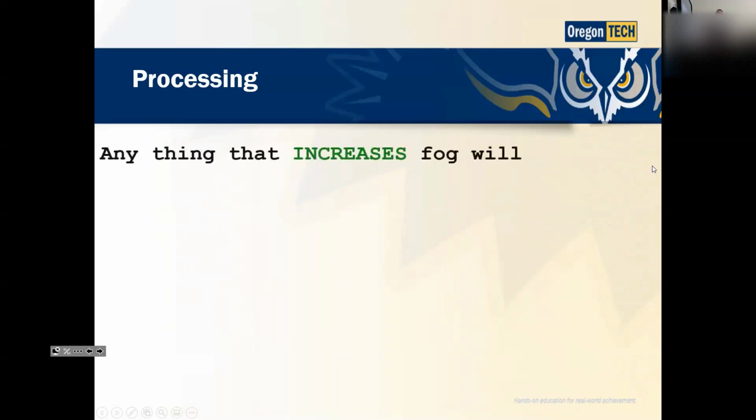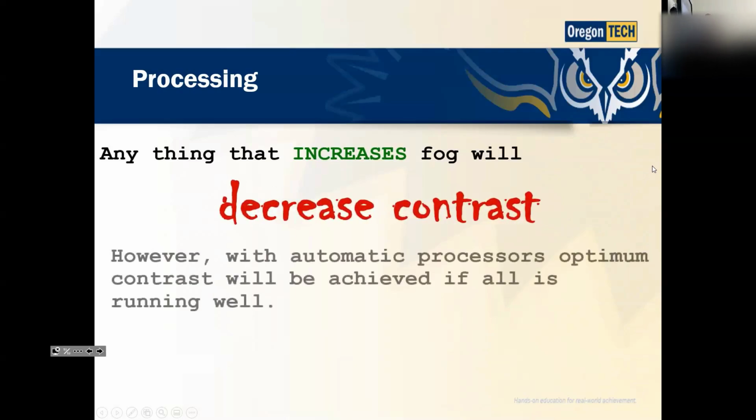Processing. Anything that increases fog will decrease contrast. Did you know the processor you're using in lab these days was about as big an innovation as digital imaging is today?